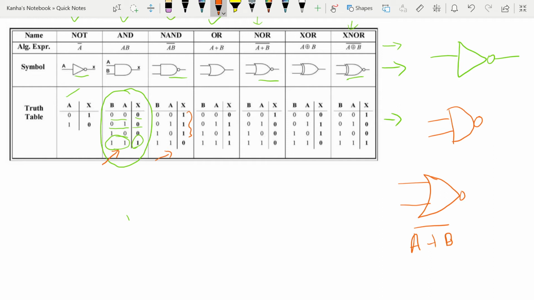Similarly, there is something known as the XOR gate, which is the exclusive OR gate, and then there is something known as the XNOR gate. The exclusive OR gate is represented by a symbol similar to an OR gate, but there is another line here. And for the XNOR case, you will have a circle after this.